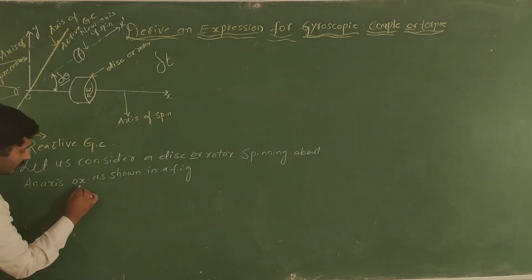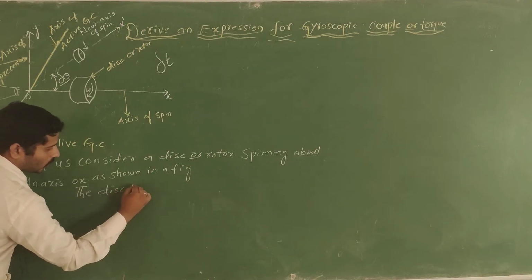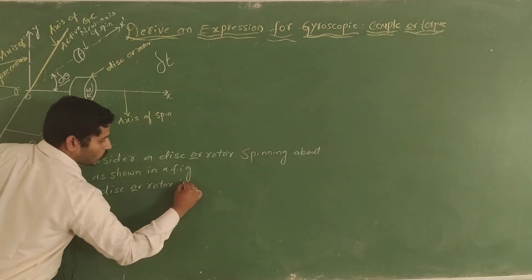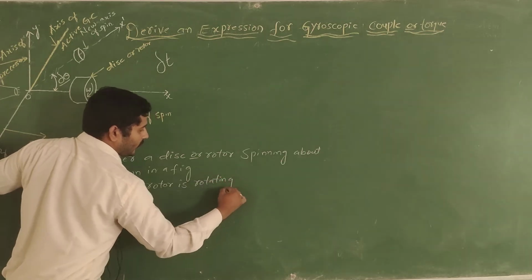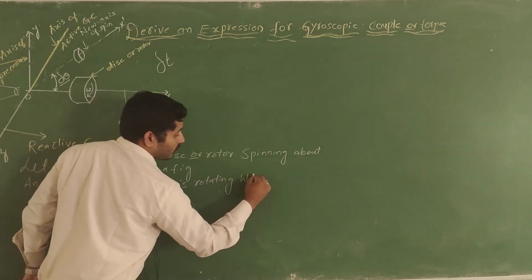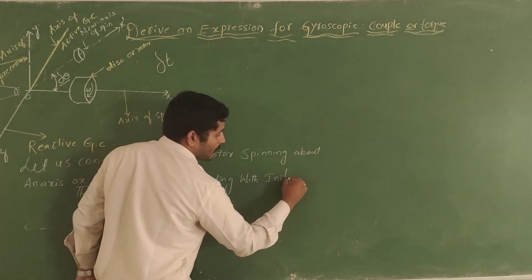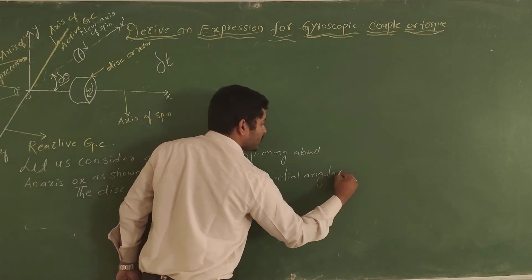Here the disc or rotor is rotating with an initial angular velocity. How much is that here?